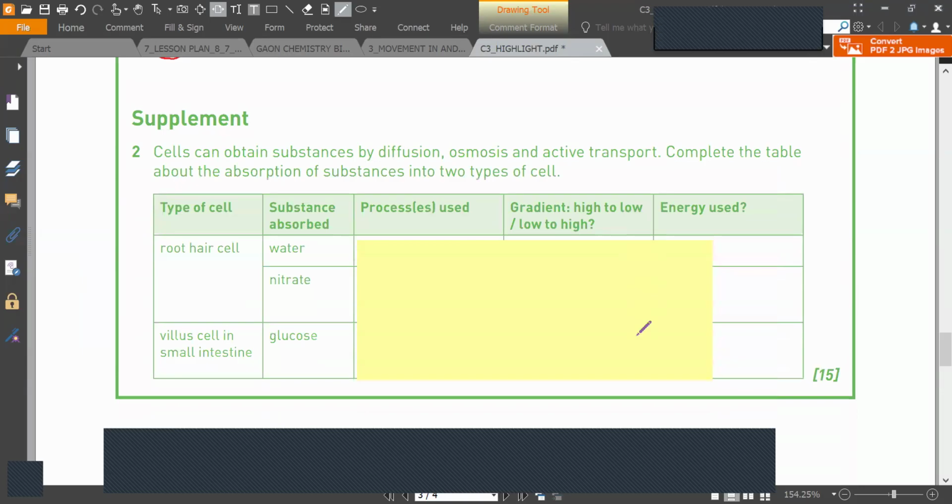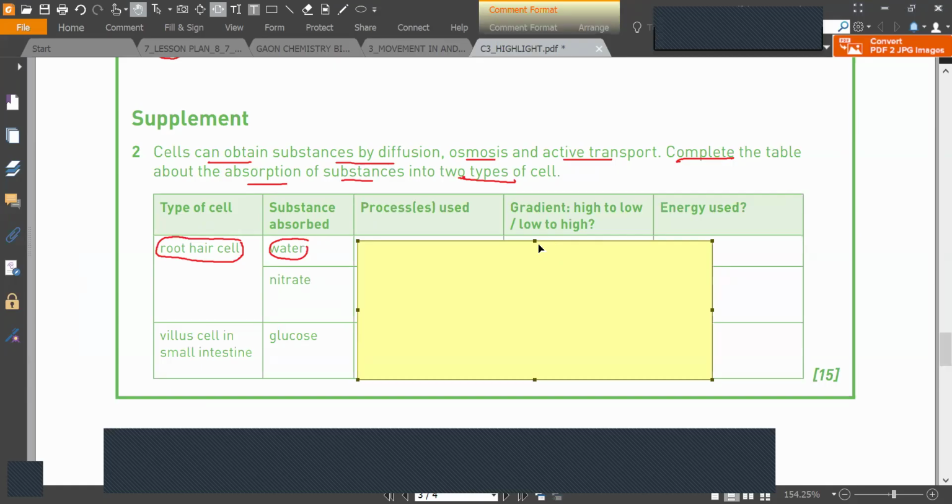Next. Cells can get substances by diffusion, osmosis, or active transport. Complete the table about absorption of substances in two types of cell. For the root hair cell, if it wants to get water, how?